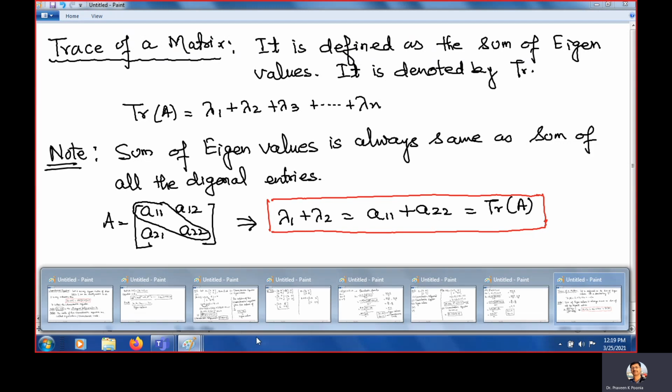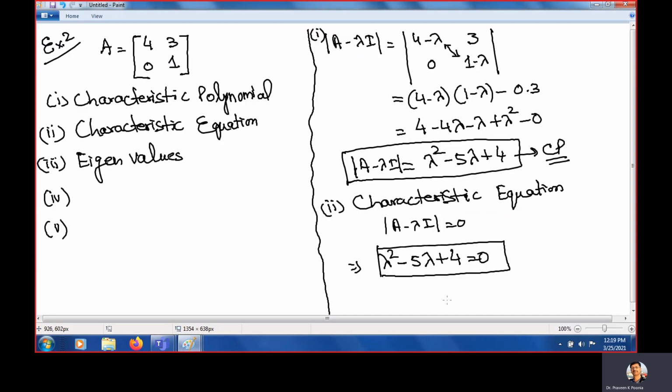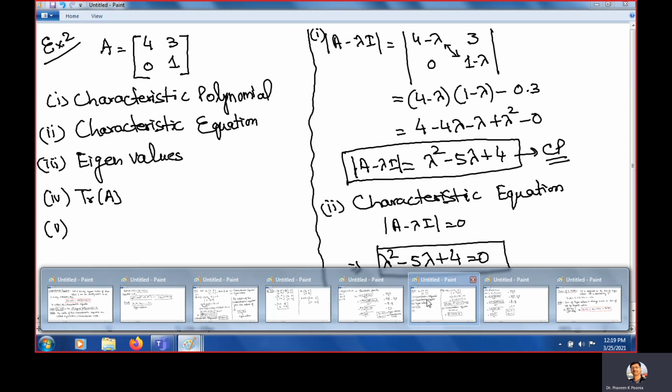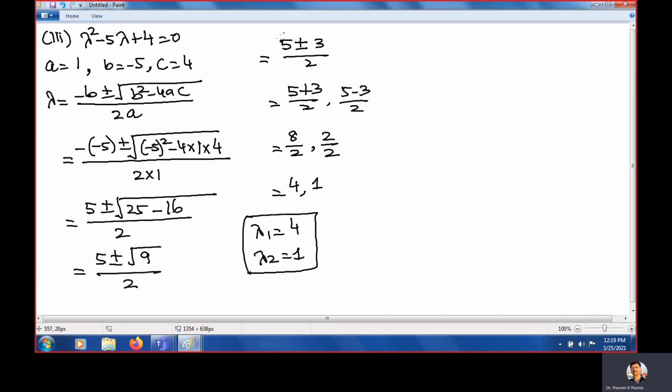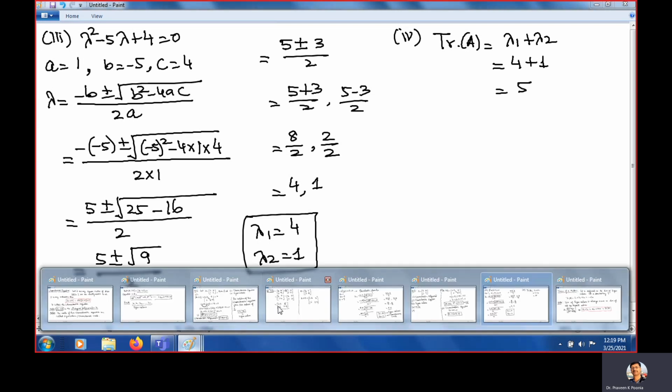So if I move to the question here, I did not mention find the trace of A. This is question number 4. Clear? So if you want to find the trace of A, the trace of A is lambda 1 plus lambda 2, and it is 4 plus 1 equals 5. Clear? So what is the trace of the matrix? The trace of the matrix is 5.